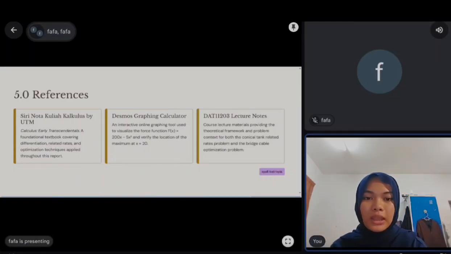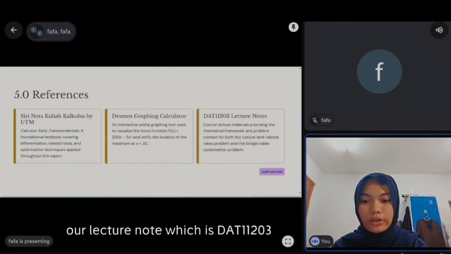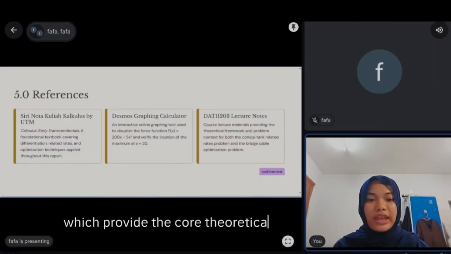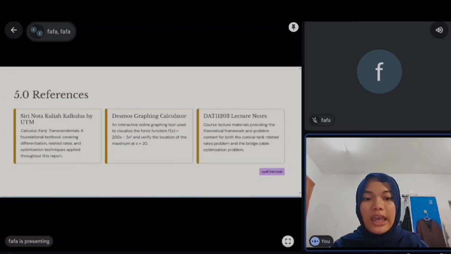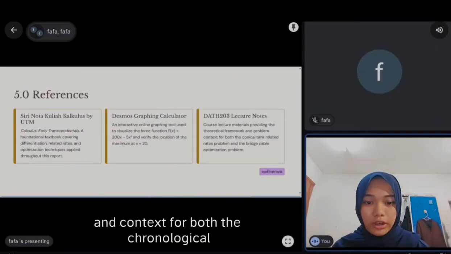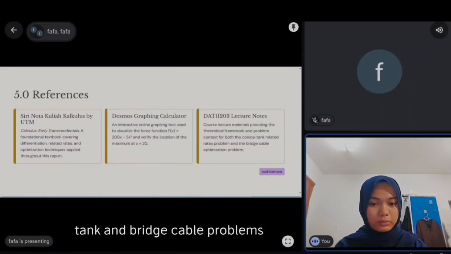And lastly, our lecture notes, DAT11203 lecture notes, which provide the core theoretical framework and context for both the conical tank and bridge cable problems.